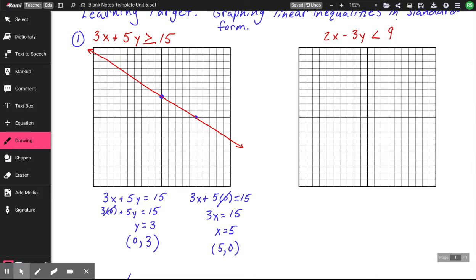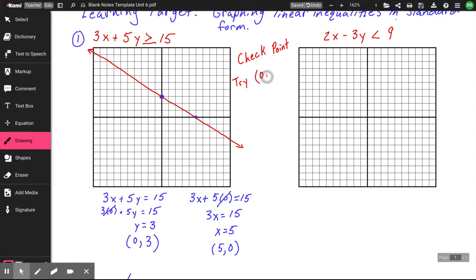This is in standard form where I have my x and y on the same side. So the next thing I'm going to do here is just check a point. If I pick any point above or below the line and it's a solution, I'm going to shade on that side of the line. If that point is not a solution, I shade on the opposite side of the line.